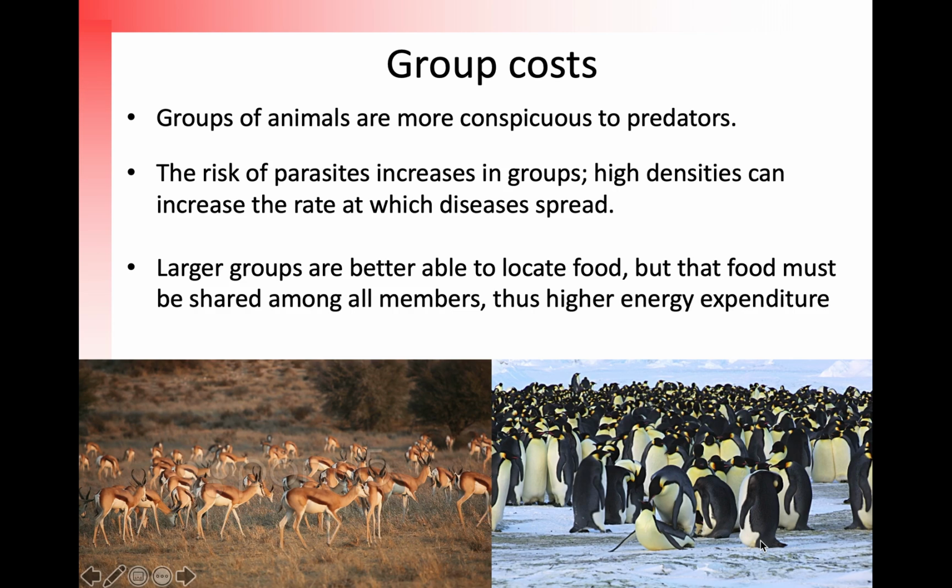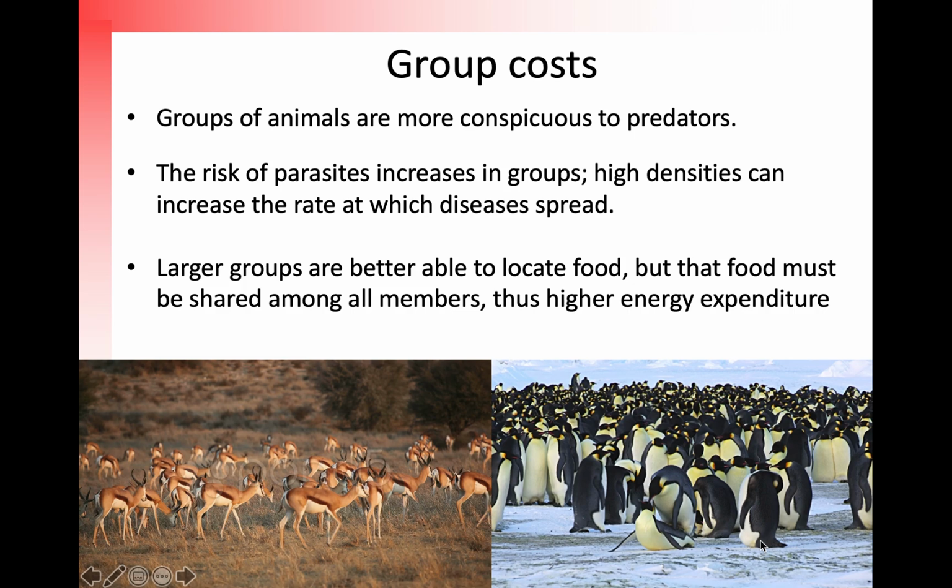Large groups also, as a negative, tend to spread infection, just like we know, as we've been directed to do social distancing during the COVID virus outbreak. Large groups in high densities can spread disease and parasites. So that's another consideration in group living that sometimes acts on that.